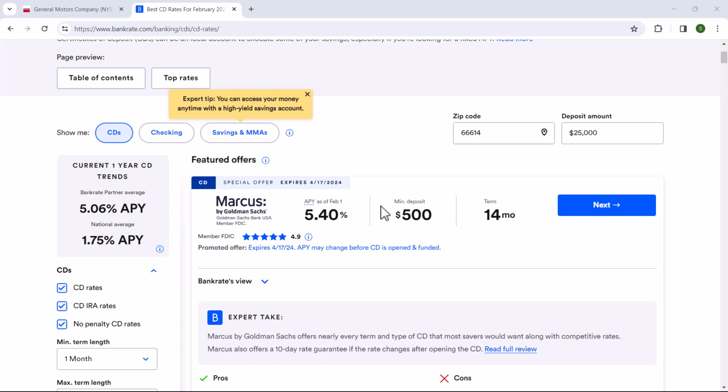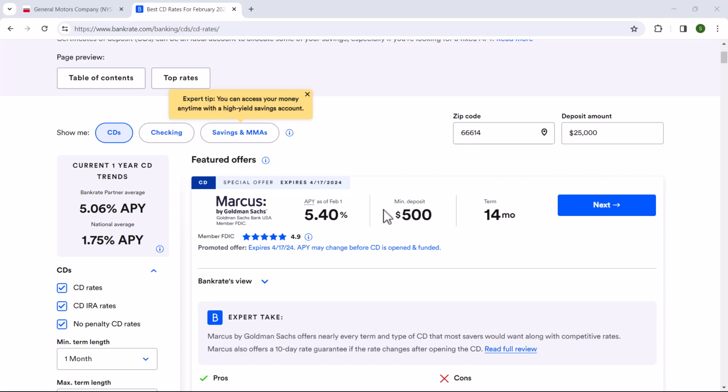Now, if Goldman Sachs put out a CD saying 0% return, they probably wouldn't get anyone to invest in their CDs, because people require a return in order to give up their money for a time. And so banks and financial institutions often advertise certificate of deposit rates.